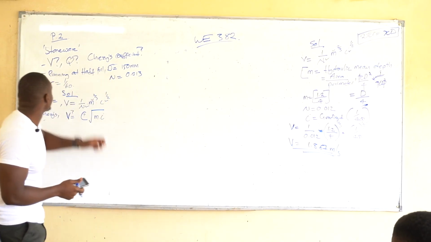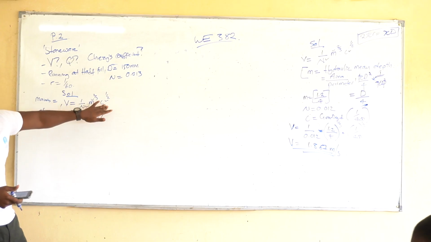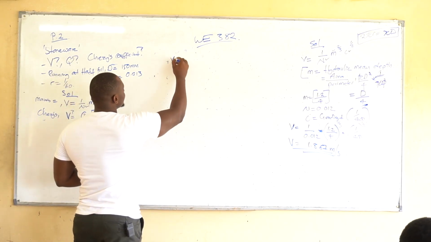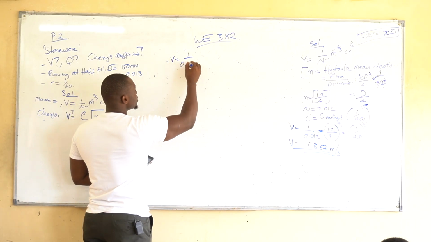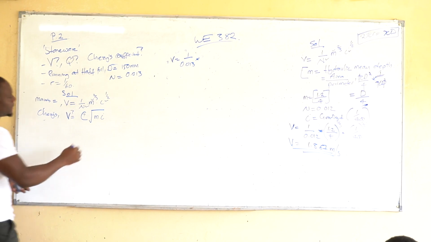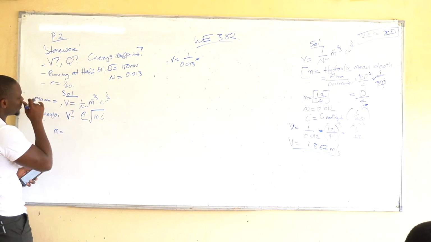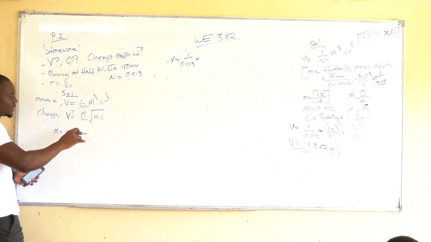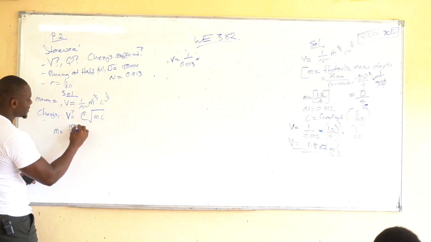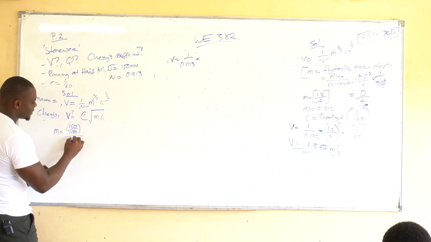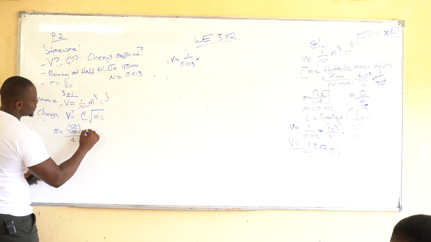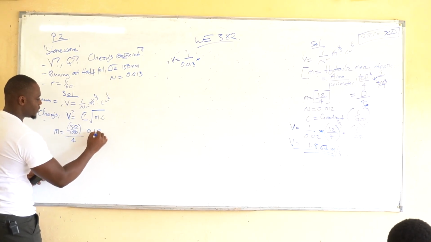So let's find the velocity and the discharge using Manning's, and then to find Chezy's, we just switch. All right. So velocity looks to me like 1 over 0.013 multiplied by, what is our M? M we said was diameter over 4. What is 150 divided by 1,000? 0.15. 0.15 divided by 4.